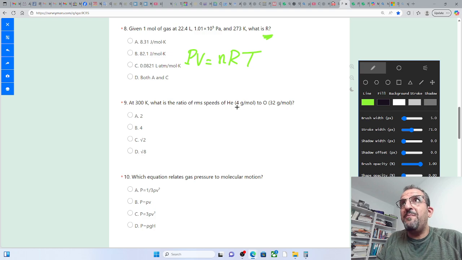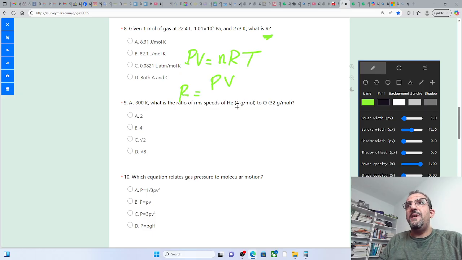Okay, so standard temperature and pressure for 1 mole of gas. We'll see that R is equal to PV divided by nT.